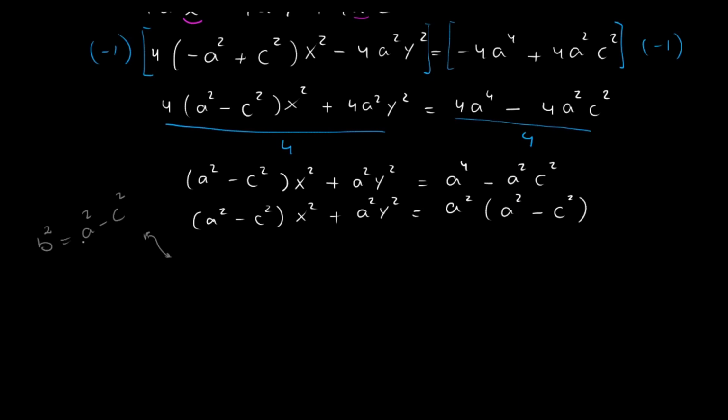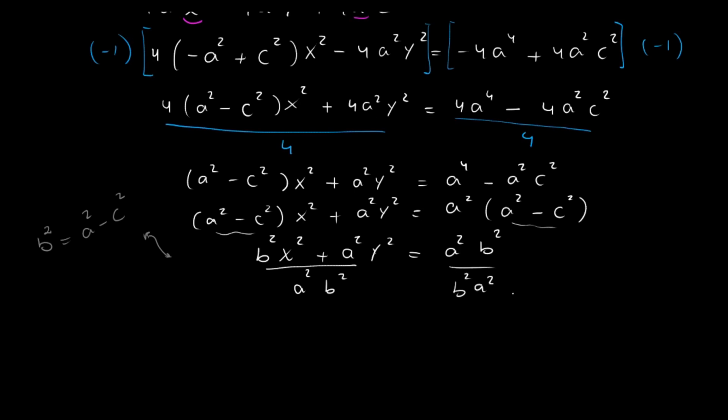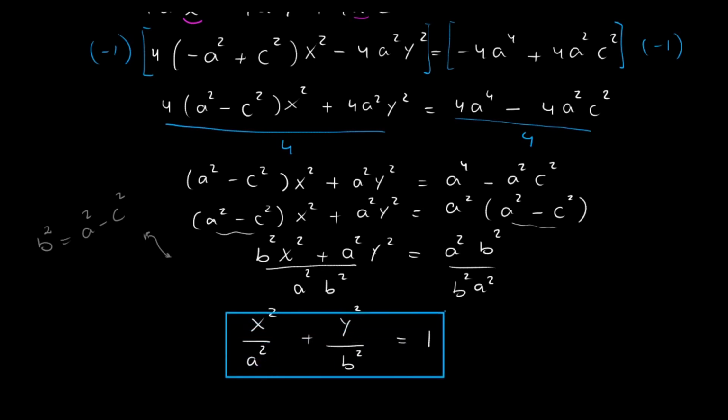And so, using this definition for b, we get b squared times x squared plus a squared y squared equal to a squared times b squared. And now if we divide everything by a squared b squared on both sides, we get x squared divided by a squared plus y squared divided by b squared equal to 1. And this is the formula we wanted to get for the ellipse.